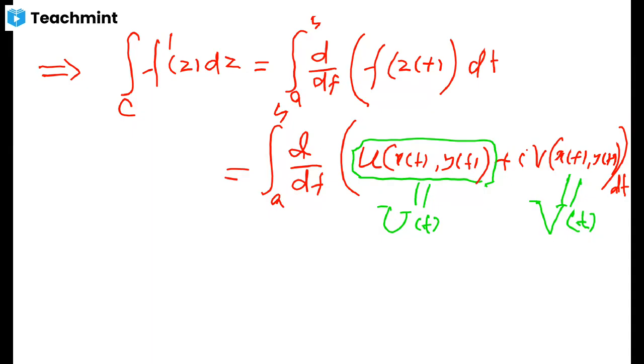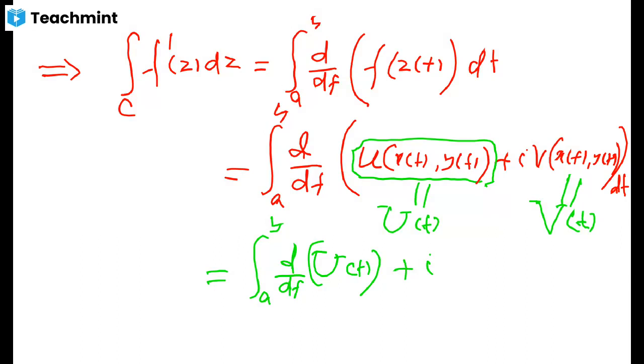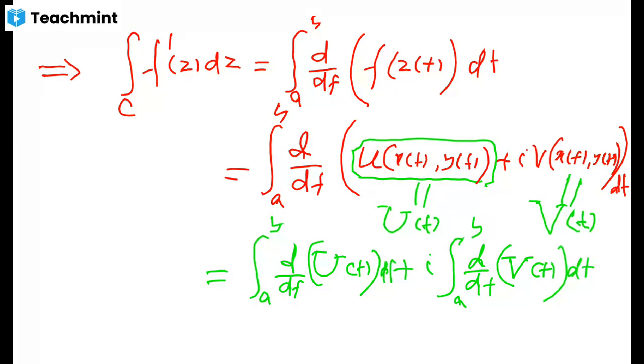So you can write it in the form integral from a to b of d upon dt of U of t, plus, using the linear property of integrals, the integral from a to b of d over dt of V of t, dt. Now this is a real integral.